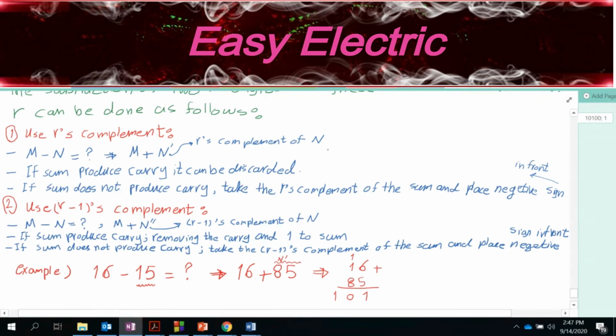So what we did, we are actually in these steps. You tell me which of these two cases happens: the sum produces a carry, or the sum doesn't produce a carry.